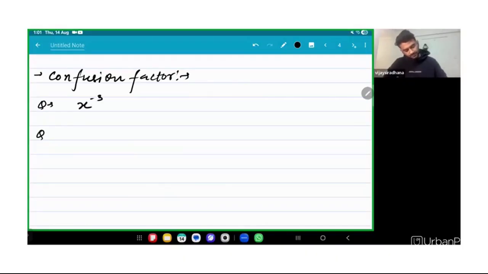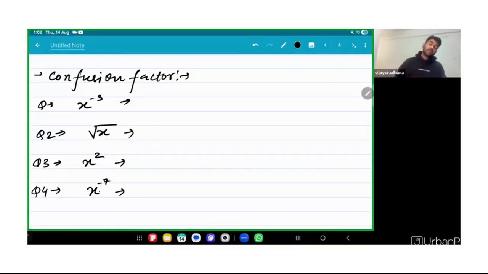Question number 2, x to the power of root of x. Question number 3, x to the power of 2. And question number 4, x to the power of -7.